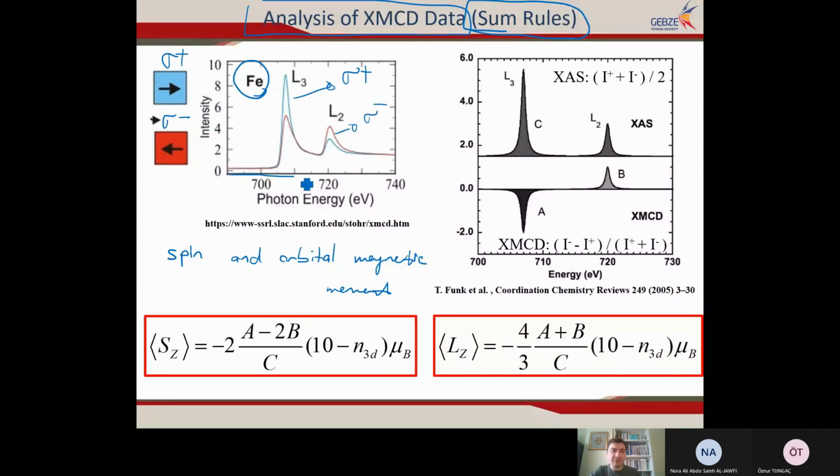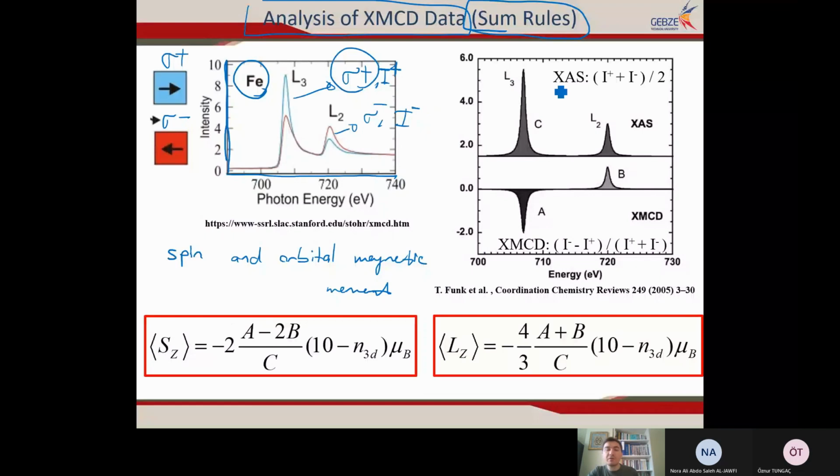This is the photon energy, same energy range, and this is the intensity read by the detector. So here we have two data sets. You can call this I plus, the intensity taken for this polarization, and this is I minus, the intensity taken for this polarization.